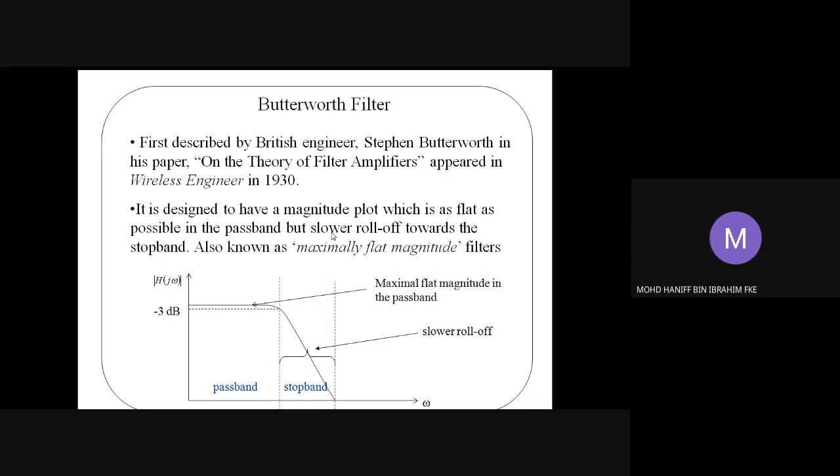What we have here is the low pass type of filter. The magnitude plot is as flat as possible in the pass band, but the roll off towards the stop band is very slow.